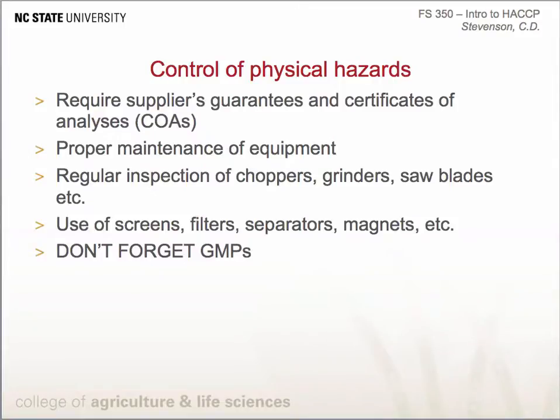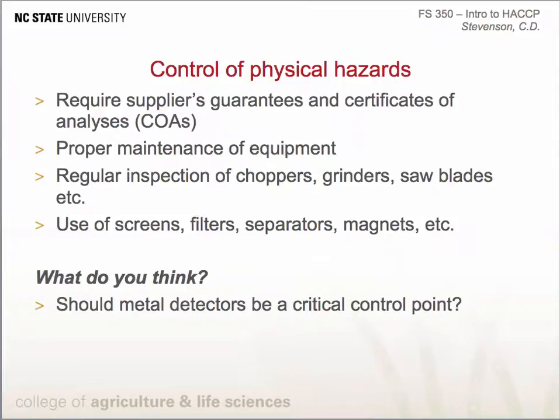I want to leave you with a question for thought, and there's not necessarily a right or wrong answer. This is just an interesting topic that comes up just about always in developing a HACCP plan. The question is, should metal detectors be listed as a physical hazard in a HACCP plan? Metal fragments are often listed as potential physical hazards on a hazard analysis.